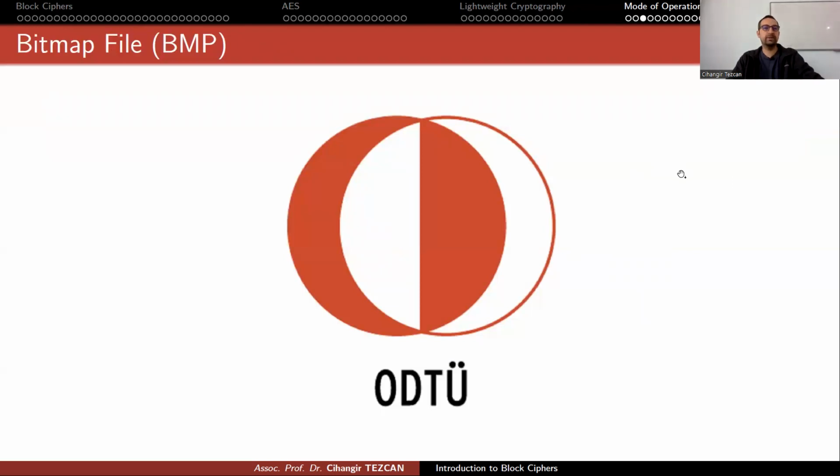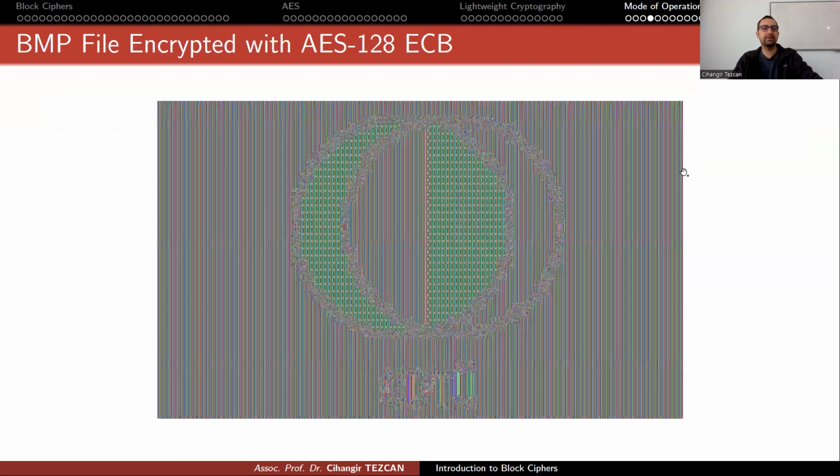And if you encrypt this using AES in the ECB mode, this is the output. As you can see, we can still even read the name Auto. We can understand what the picture is all about. So you are using a worldwide standard encryption algorithm, but it doesn't provide you any security.